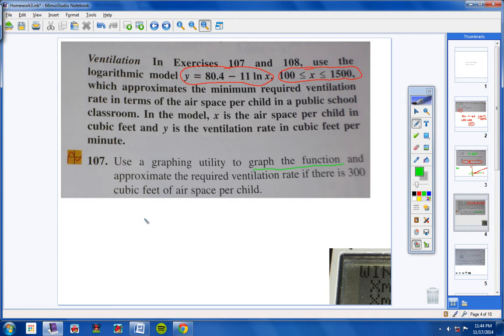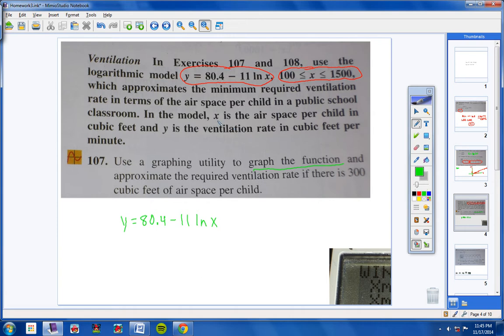So here we go. Here's our model right here. Now let's be very careful here and think about what does X and what does Y stand for. Okay? Now look, we have 300 cubic feet of airspace per child.